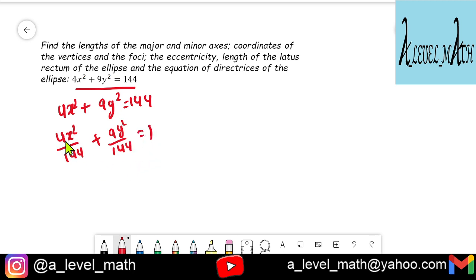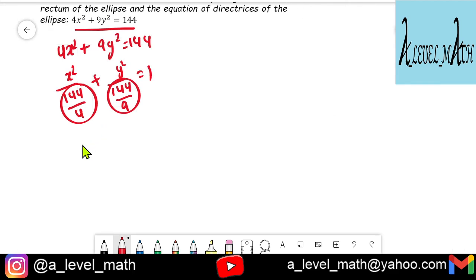Now I need not have anything to the left of x square. So what I do is that I write this 4 down here, and similarly I write this 9 down here. So I get my a square as 144 by 4, and my b square as 144 by 9. So from here I get the value of a square and b square.